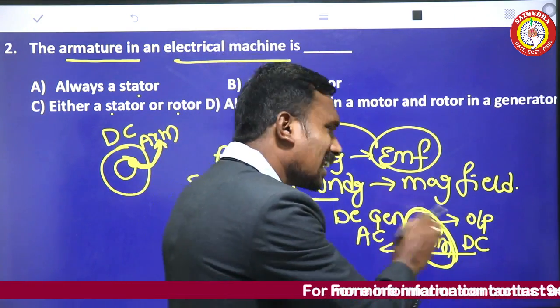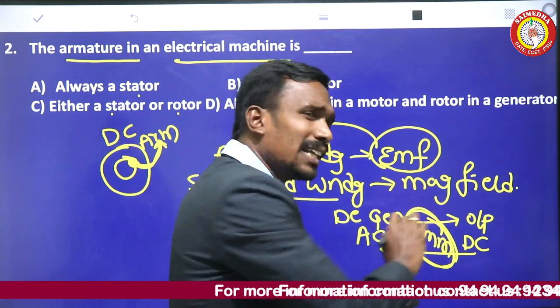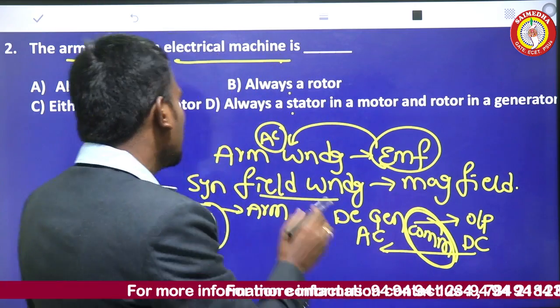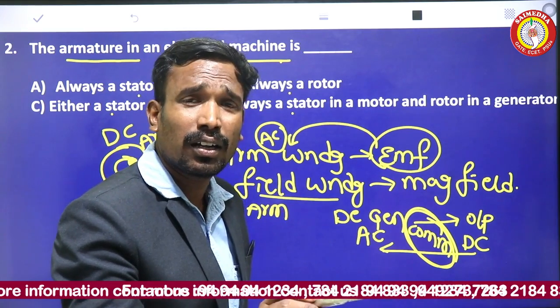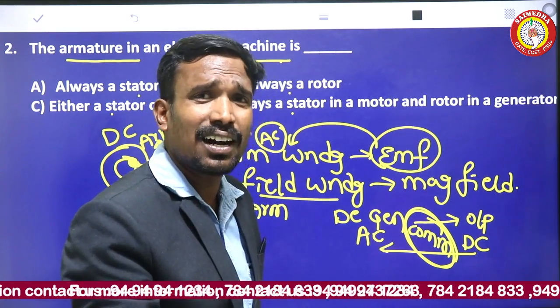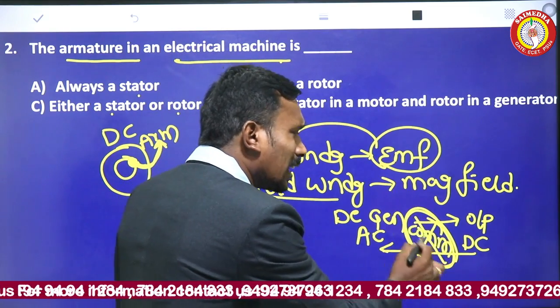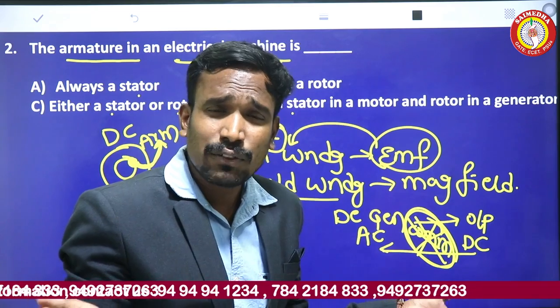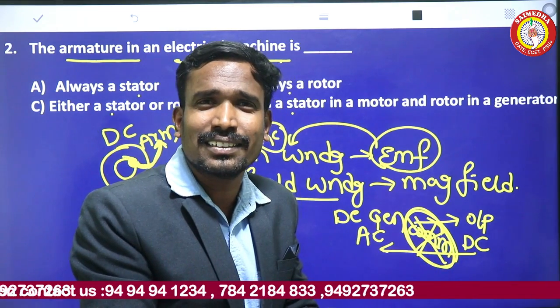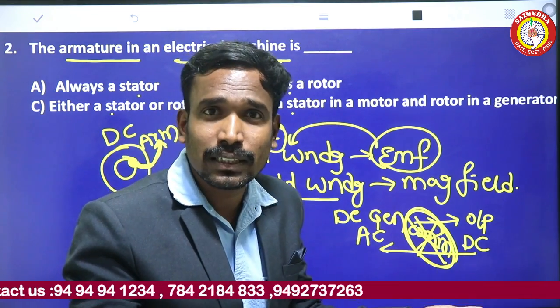If you want this conversion, we must take the armature as the rotor. If the armature is a stator, the commutator will not work. If there is no commutator action, there is no DC machine.